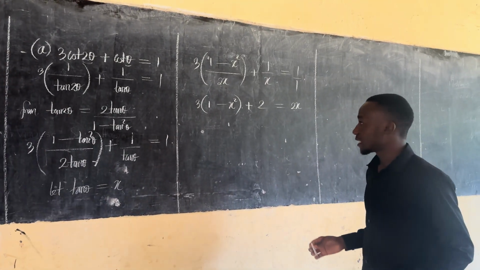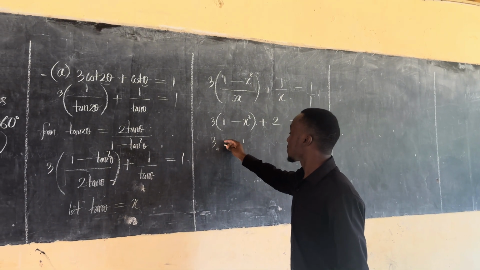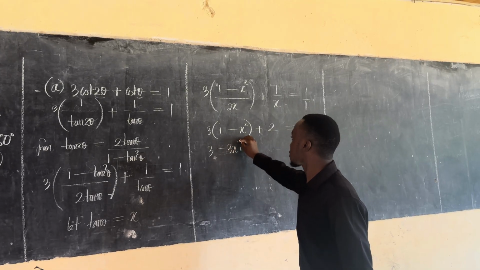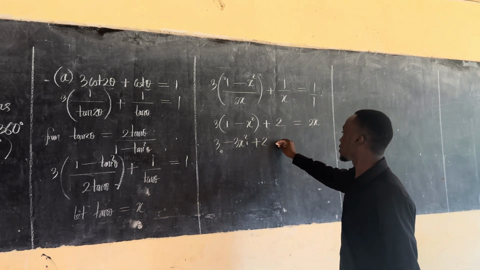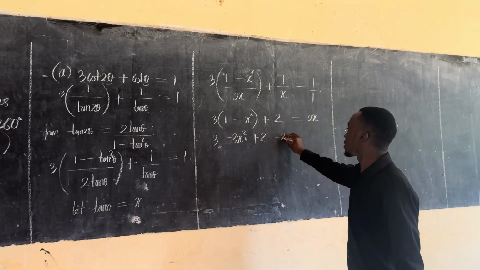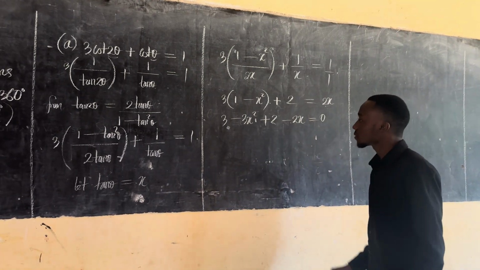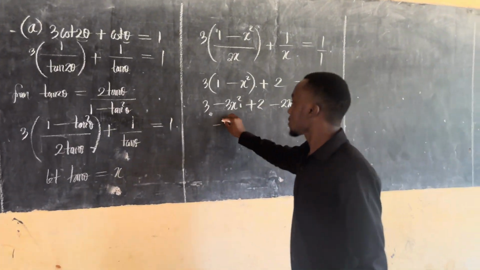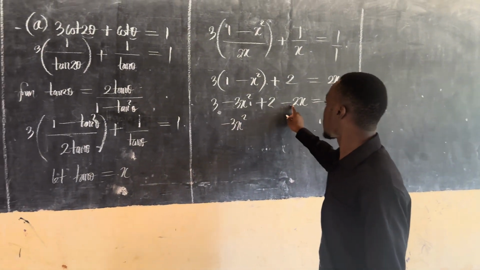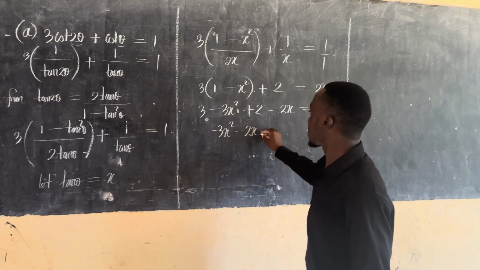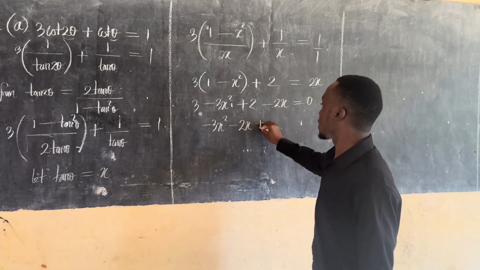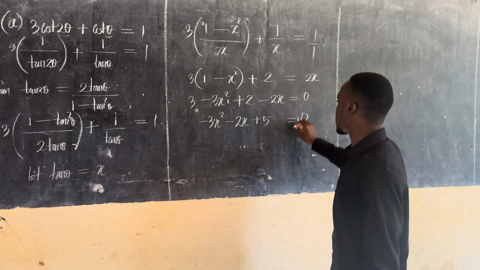Finally we simplify. This becomes 3 minus 3x squared plus 2 minus 2x equal to 0. Finally, this becomes negative 3x squared minus 2x plus 5, which is equal to 0.